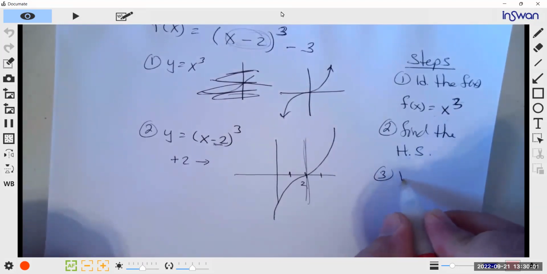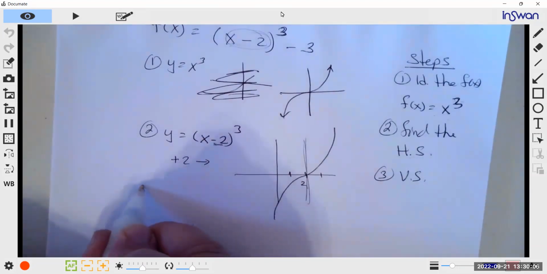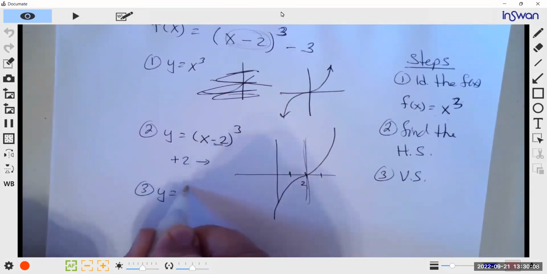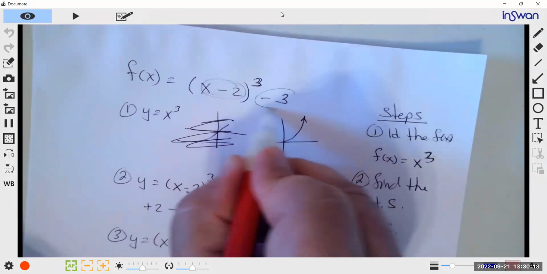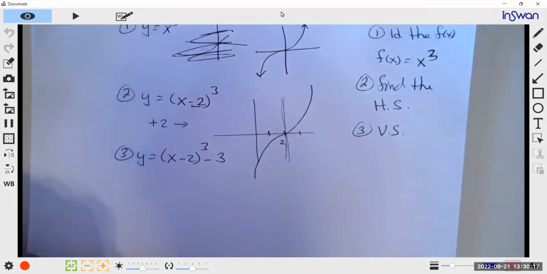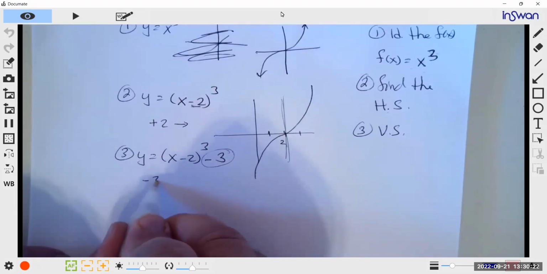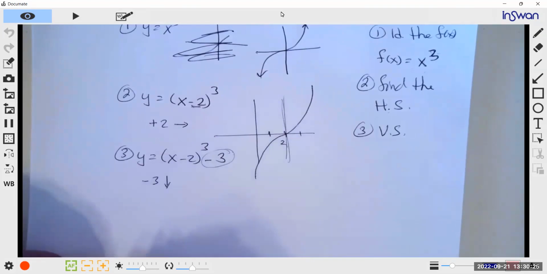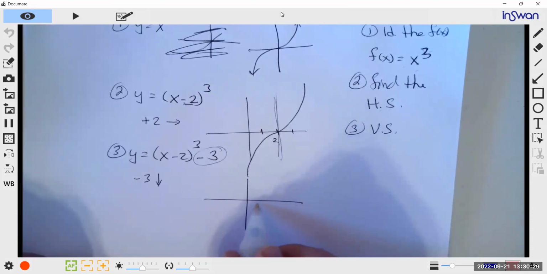That's a horizontal. And let's look at a vertical shift. Find the vertical shift. Remember, the vertical shift is any constant number outside the function. And negative 3 is my vertical shift. So negative 3 says I have to go down 3 spaces. So I go over the 2, and I go down 3 spaces.